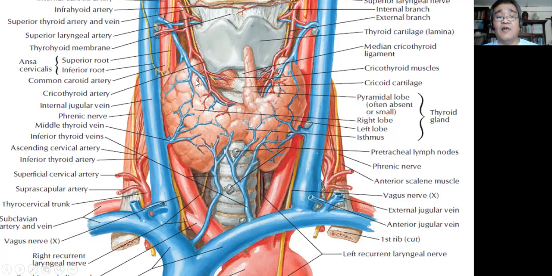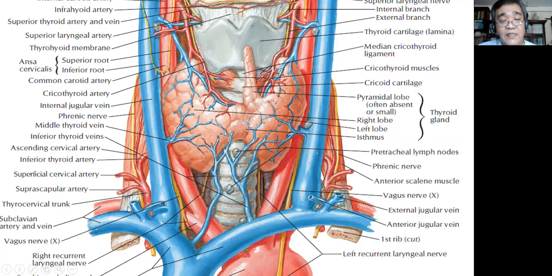As you know, there are actually 4 parathyroid glands distributed behind the capsule of the thyroid gland.